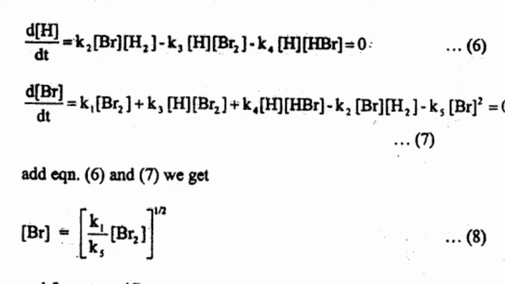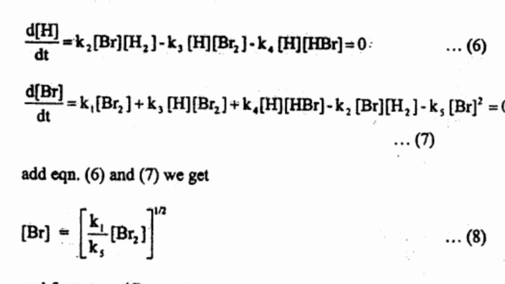So k1[Br2] for the first step, plus k3[H][Br2] for the third step, plus k4[H][HBr] for the fourth step, where Br is also formed, minus k2[Br][H2], since in the second step Br is consumed, and minus k5[Br]^2, since in the fifth step Br is also consumed, is equal to 0.